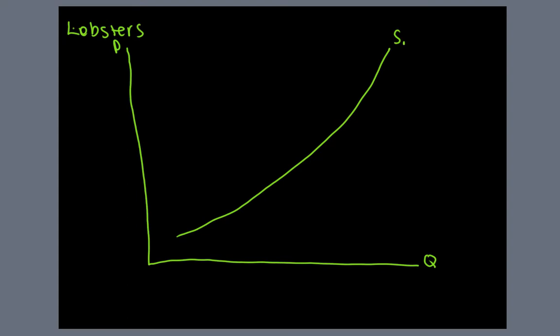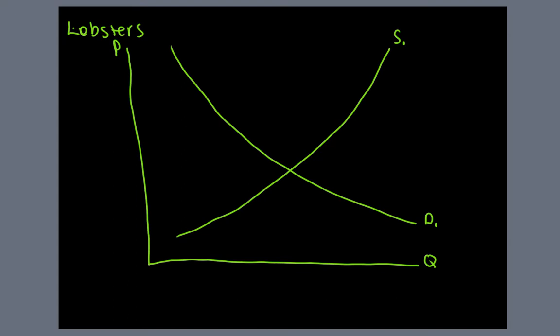When prices increase, they will bring more lobsters to the market. And then I also have a downward sloping demand curve, which reflects our law of demand, that as the price of lobsters decreases, we expect our consumers to purchase more of them, all other factors that might influence their purchase held constant, ceteris paribus.